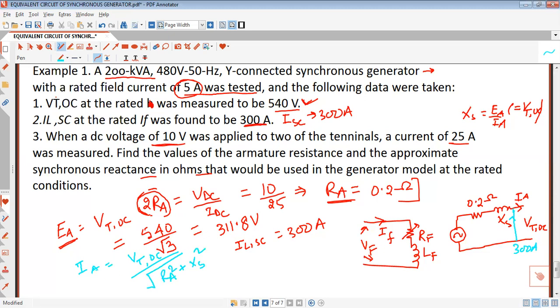ISC is given as 300. So we can write 300 divided by 311.8 equal to 1 by under root of 0.2 square plus XS square. These are all under the root.